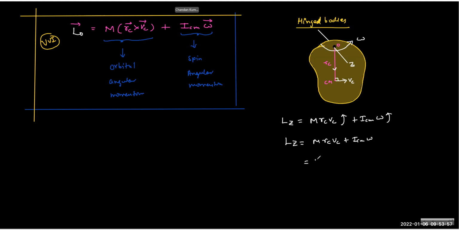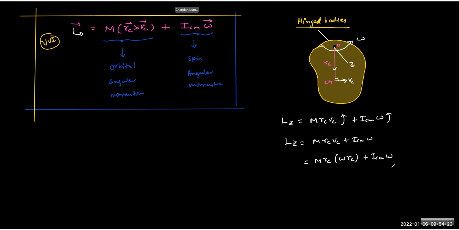Now, if omega is the value, then how do we write the omega and v_c relation? We can write v_c equals omega into r_c, circular motion, right? Because it's a rigid body, every point will have circular motion.